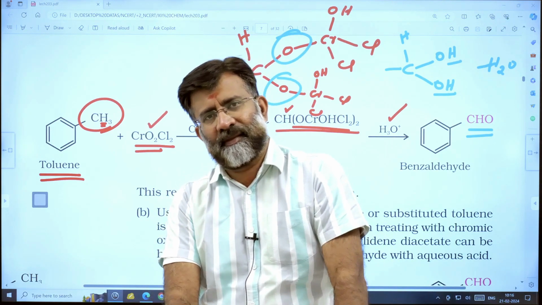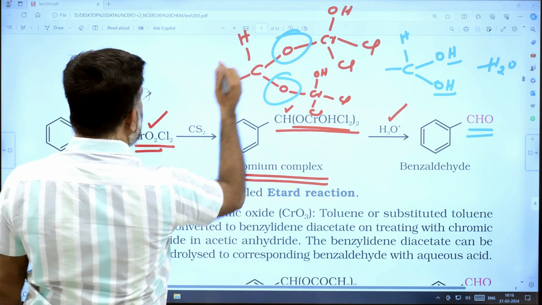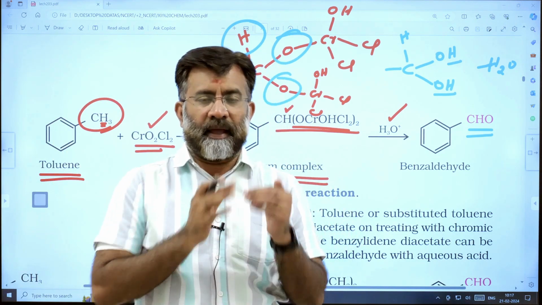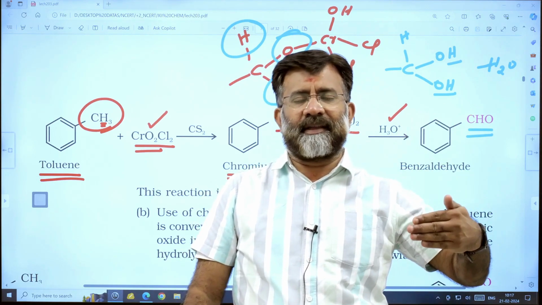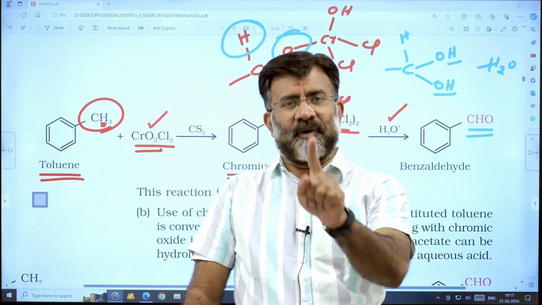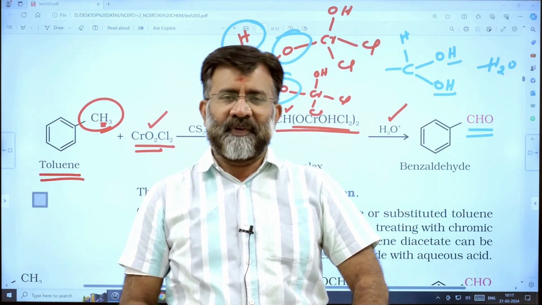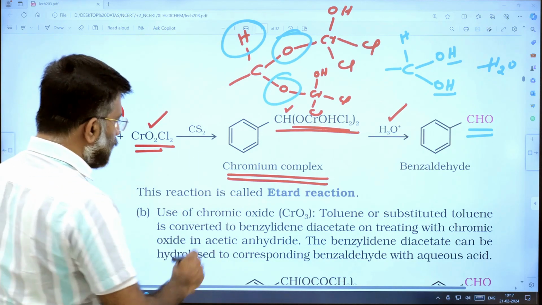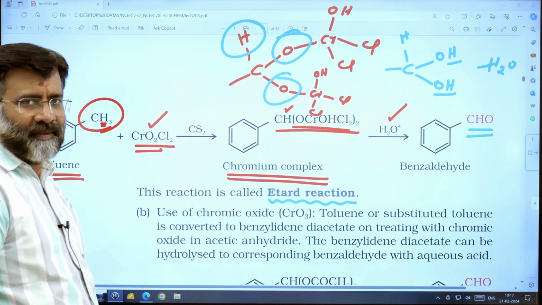Out of the 3 hydrogens, 1 hydrogen is retained there, and the other 2 hydrogen atoms are allowed to oxidize, so that we can limit the reaction to the aldehyde stage. Otherwise, normally, with KMnO4, a strong oxidizing agent, we get carboxylic acid. So that is the very popular reaction. All of you know it is Etard's reaction, right?